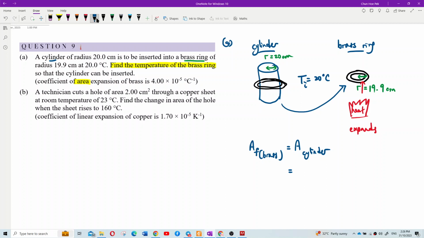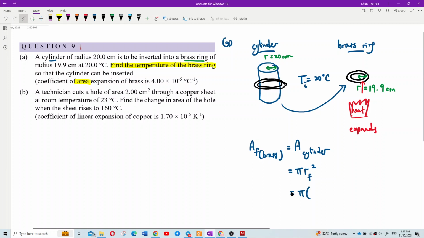So that means the radius must also become 20 cm. It heats up until it becomes radius 20 cm also. So we use the area of the cylinder to get the final area for the brass. Final radius, so pi r squared, isn't it? Because it's a circle, pi r squared.